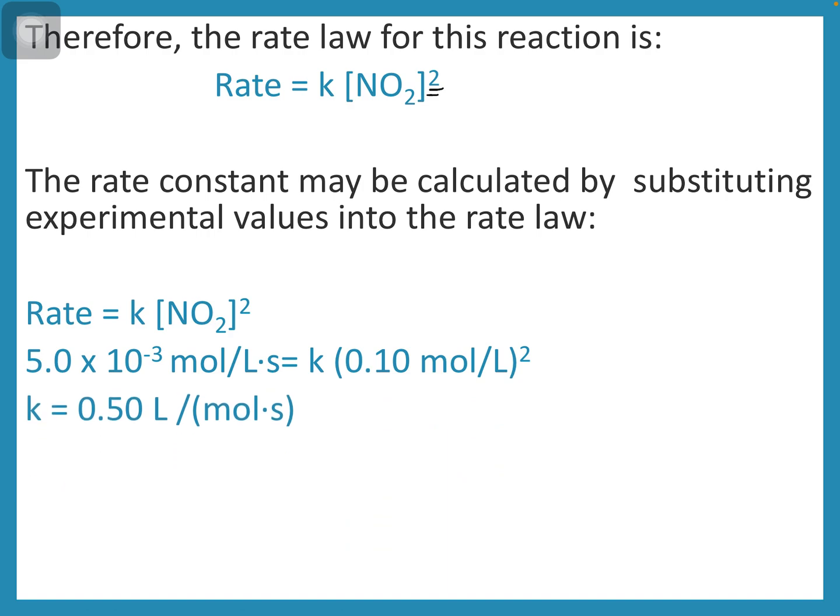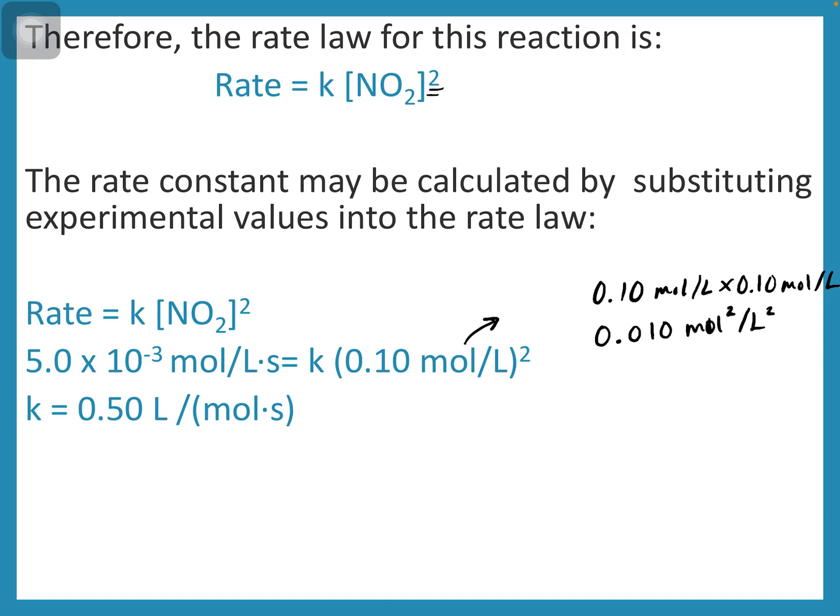So what happens there is we square not only the number, but also the unit. So what I have here is 0.10 moles per liter squared, which means 0.10 moles per liter times 0.10 moles per liter, which means that I'm going to get an answer of 0.010 moles squared per liters squared.